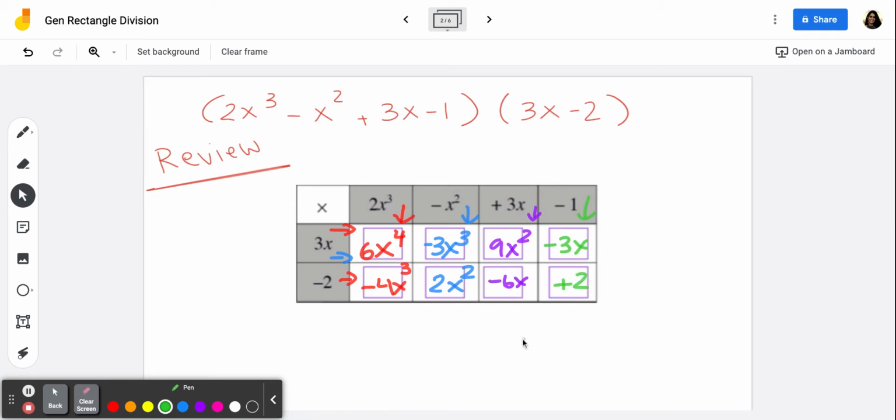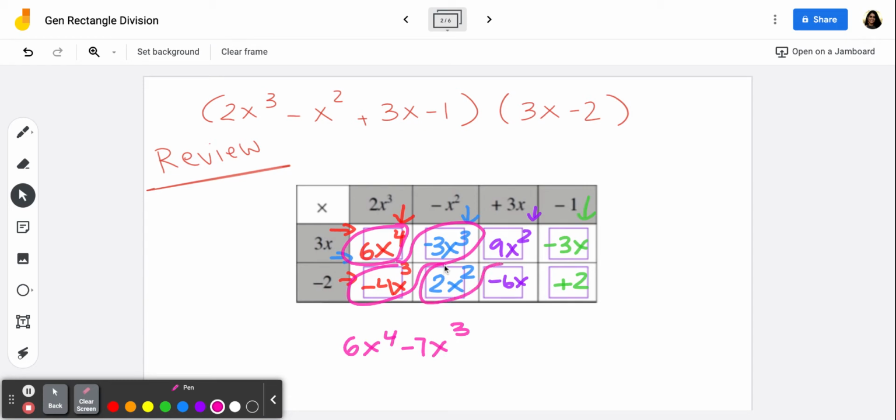We're going to combine like terms, and then we will have our answer. So let's see. When we combine like terms, x to the 4th has nobody, so it's just 6x to the 4th. These two are like terms because they're both cubes. So negative 4 plus negative 3, we have negative 7 of those cubes.